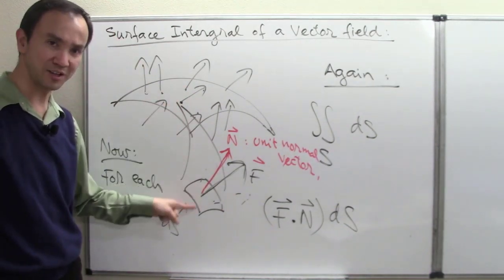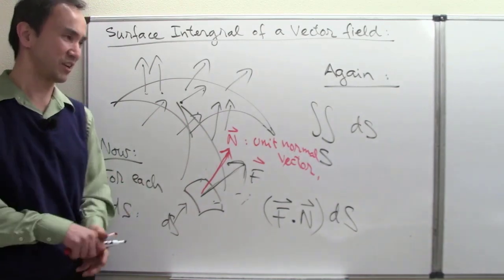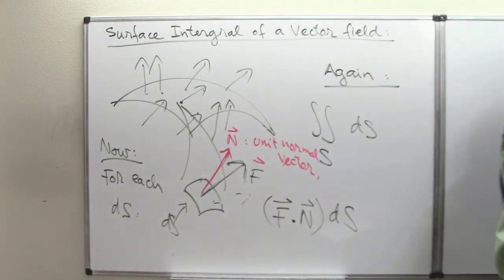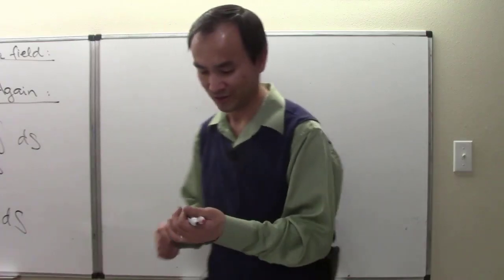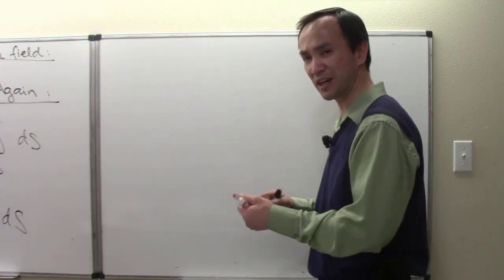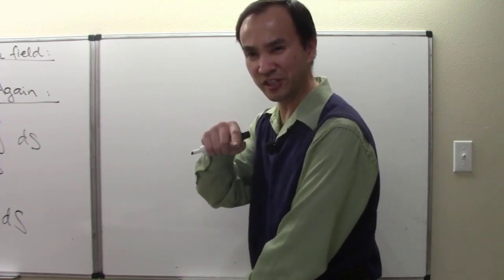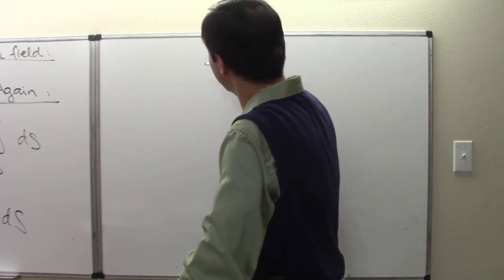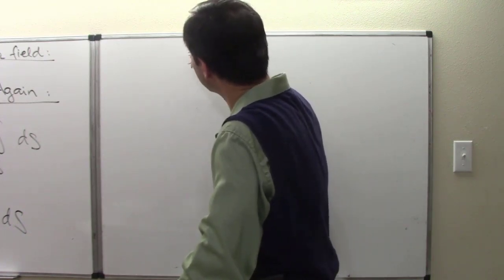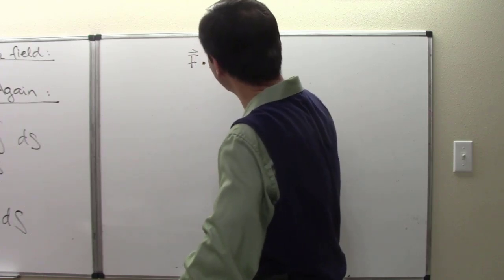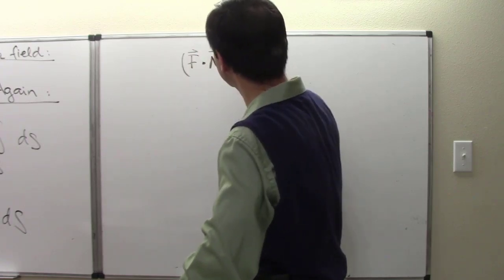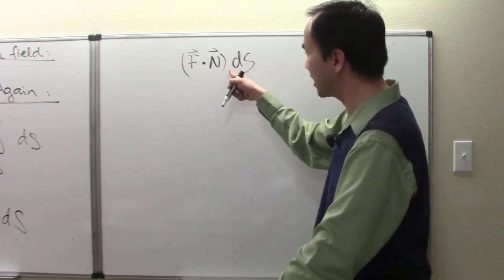And now, just like the idea we have seen previously when I was pointing out the existence of a surface integral for a scalar function, here you have F dot n for each dS, and you multiply F dot n with dS on each dS.